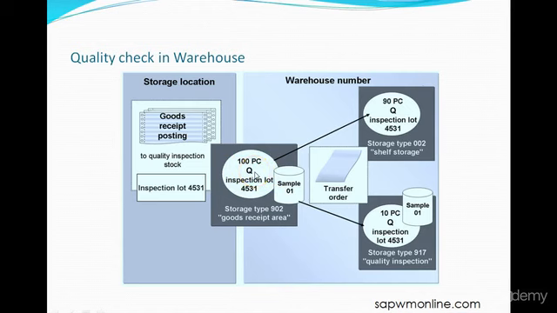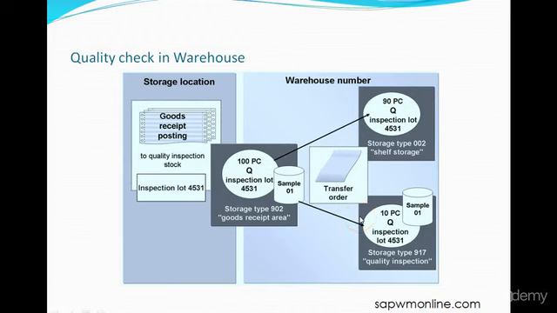So once you have the material master setup, and when you say post to inspection stock, the moment you do a goods receipt, the material while going into the warehouse is going to show you a pop-up which would allow you to break the material into two line items in the same transfer order.